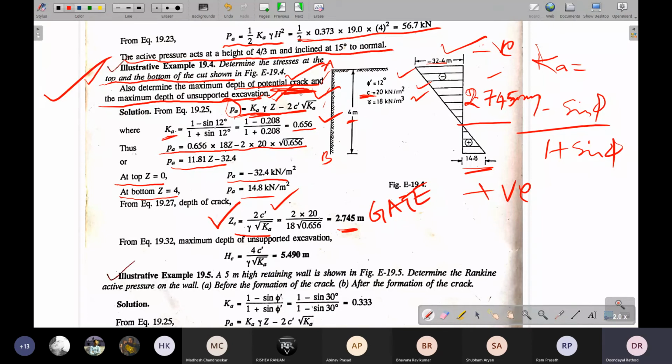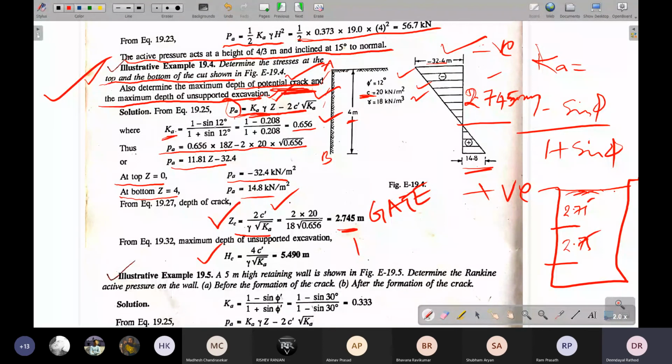So what is the maximum depth of unsupported excavation? That means up to what depth we can excavate without lateral support. Suppose I want to excavate like this. This is the soil. So here 2.75, 2 times this 2.75. That's what we have seen, right? Hc is equal to 2 zc.